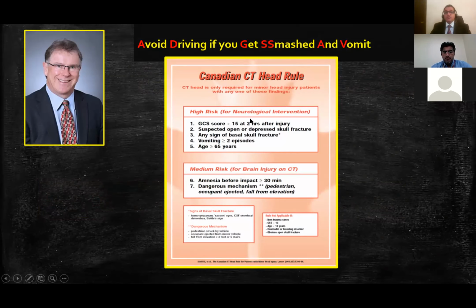So CT head is only required for minor head injury patients if they meet one of these criteria. Please, I want you to print the Canadian CT Head Rule and post it in your department and follow it. It does not miss any serious injuries, as validated by many international centers.